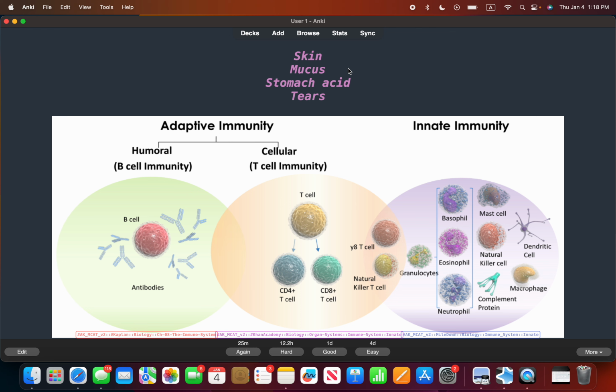Skin is common sense. Mucus, think of when you have a flu and your nose is running and it's watery.